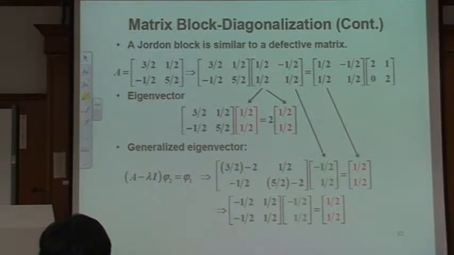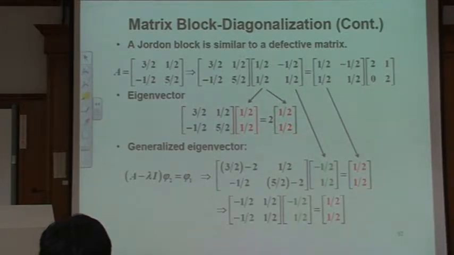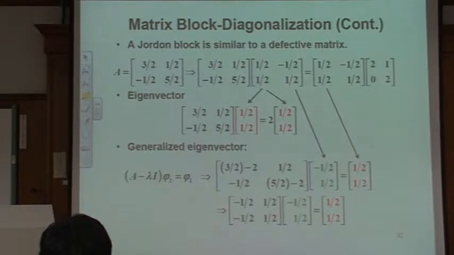This is the original eigenvector. We pull out this vector and use this matrix to multiply this vector, then we get the final result here. We can also calculate the generalized vector, as in this formula.